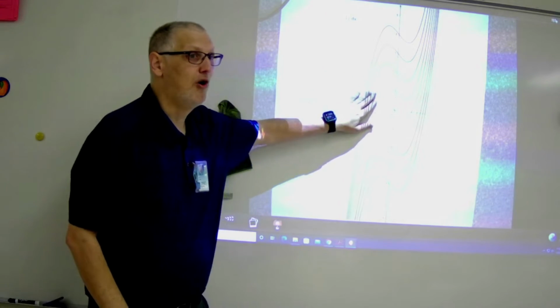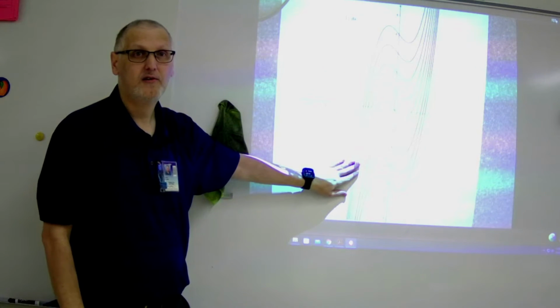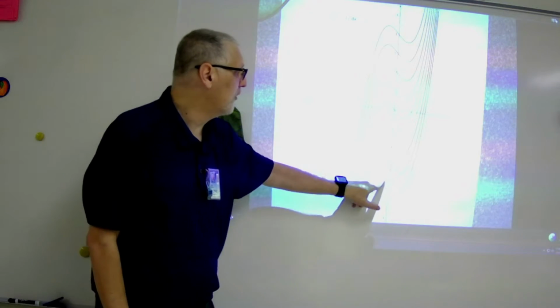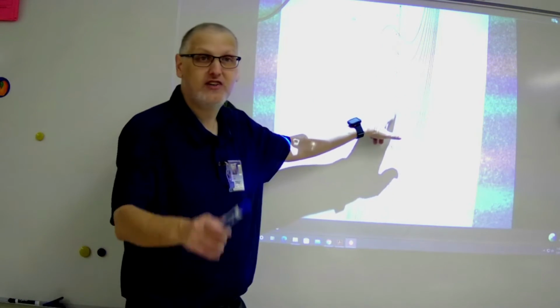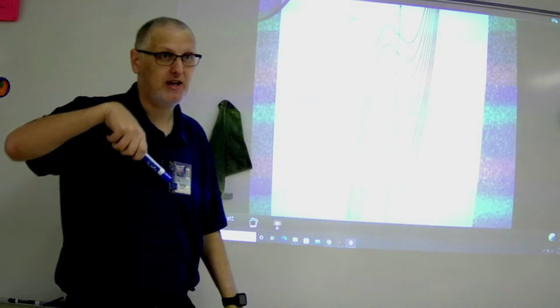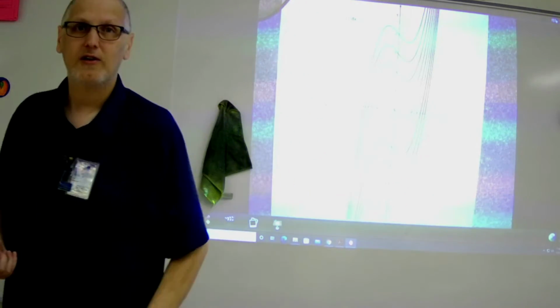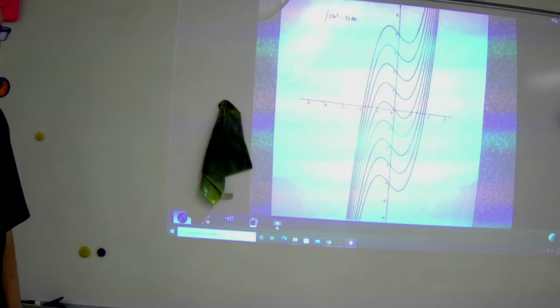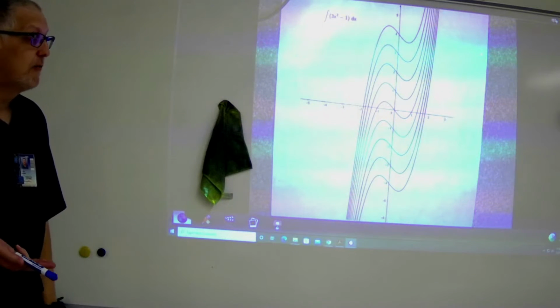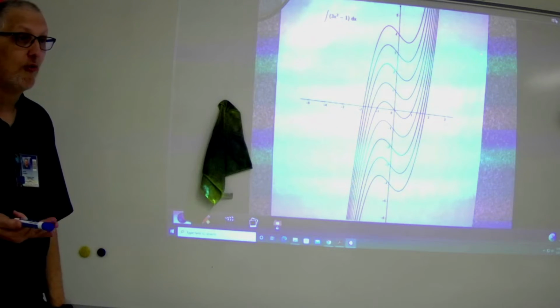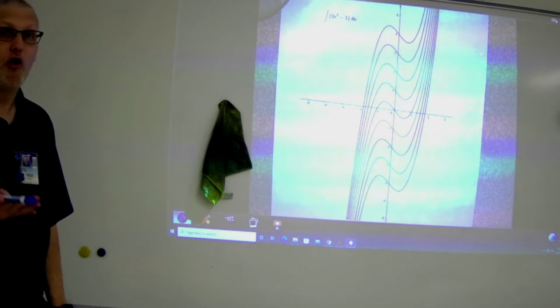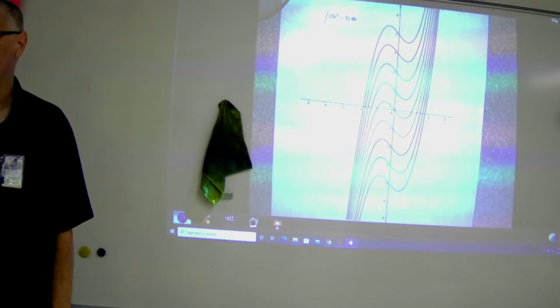This is only part of the solution graph. What does each one of these represent? The plus c is moving up and down. So there's an infinite amount going up, there's an infinite amount going down. So if I ask you to graph this with plus c, you can't because there's an infinite amount of graphs. But if I ask you to graph just like 3 or 4 of them, you can. But they all are the correct solution.